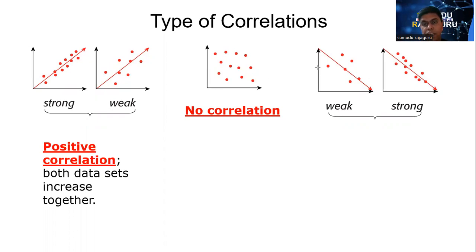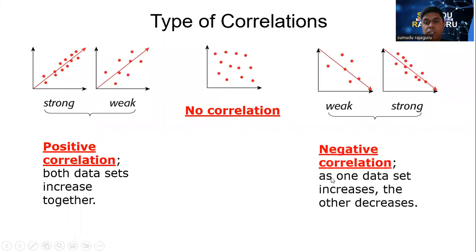But coming to here, as we discussed, these are negative correlations. Because when one data set increases, the other decreases. When the x value increases, the y value goes down. So mainly there are three types of scatter diagrams: positive correlation, negative correlation, and no correlation.